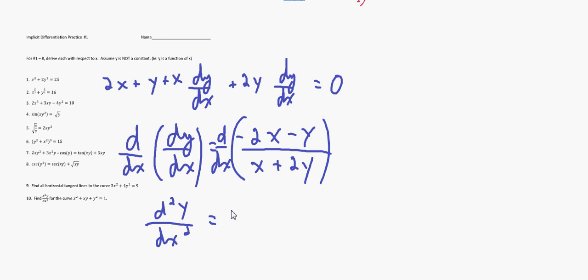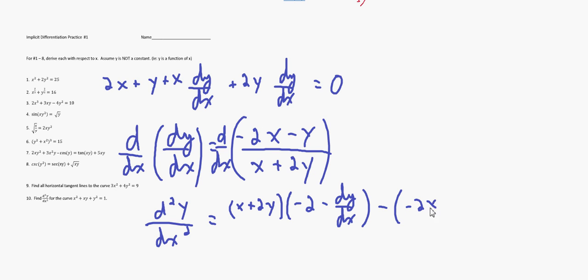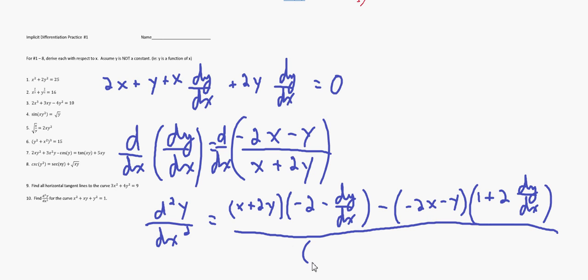Quotient rule says low d high, so the bottom times the derivative of the top, negative 2 minus dy/dx, minus the top, negative 2x minus y, times the derivative of the bottom, which is 1 plus 2 dy/dx. All of that's over the bottom squared, (x plus 2y) squared.